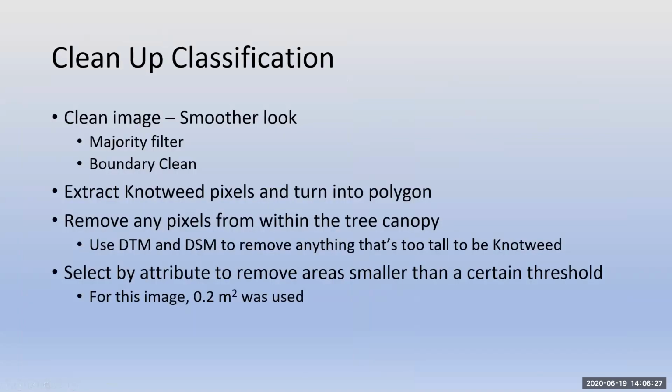This is where we ran through that cleanup again, extracting those raster polygons into vector polygons, overlaying them with our elevation data, and getting rid of everything that was too tall. Again, those polygons that were too small, we also deleted. Next slide.